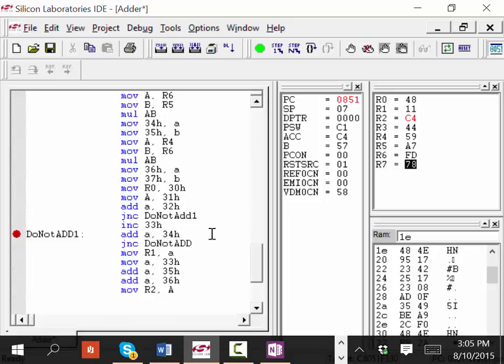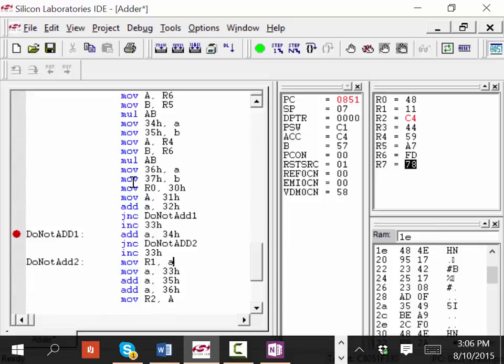Do not add 2 and increment 33 hex again. Do not add 2. Right now, okay.